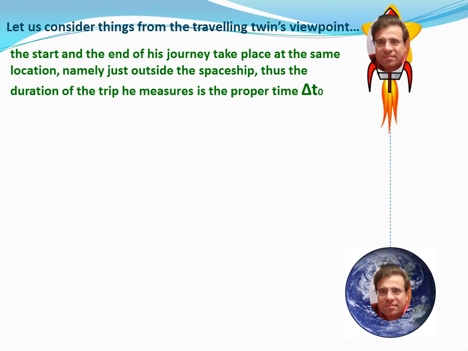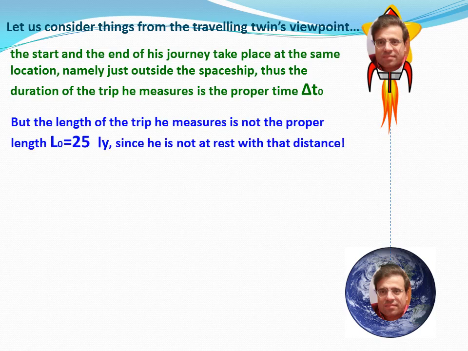Indeed, as we have seen, the proper time is the time interval between two events as measured by an observer with respect to whom the two events take place at the same location, which is exactly the case for the twin on board the spaceship.